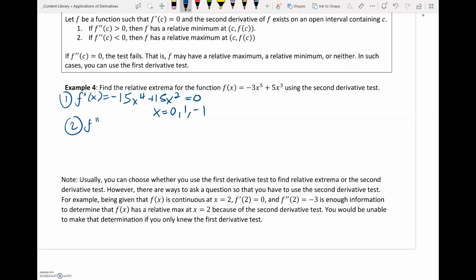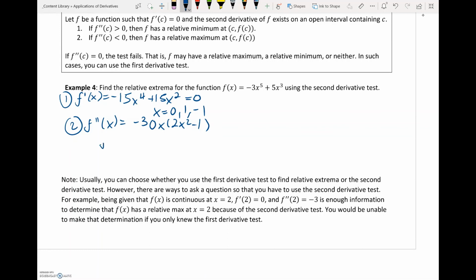Now we want to find the second derivative. So if we differentiate f prime of x and then factor it out, you will get negative 30x times x squared minus 1. Now we're going to look to see if you're going to have a positive f double prime of x at 0, 1, or negative 1 to determine if we have a minimum, and if it's smaller than 0 or negative, then we're going to get a maximum there.